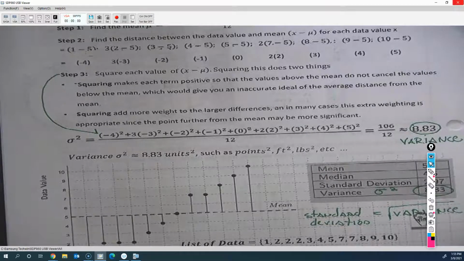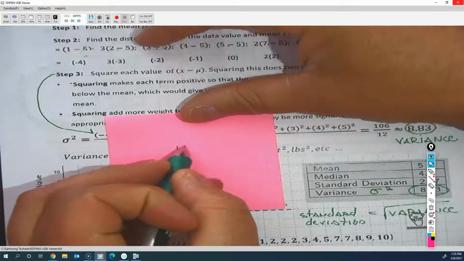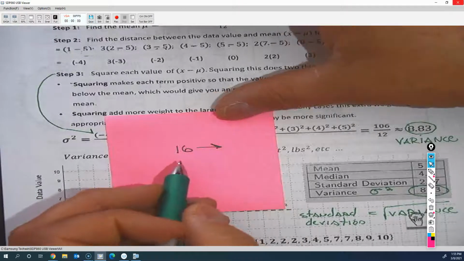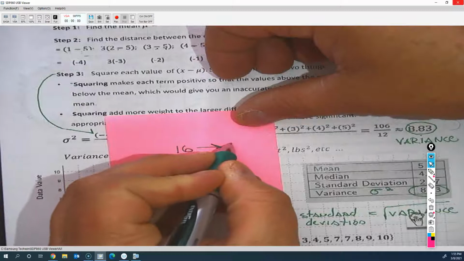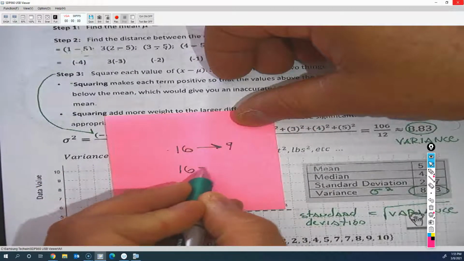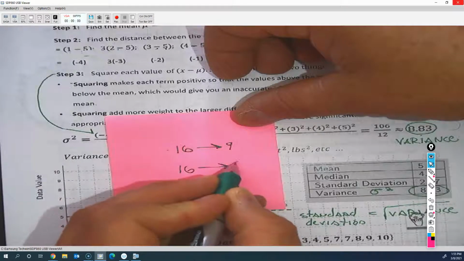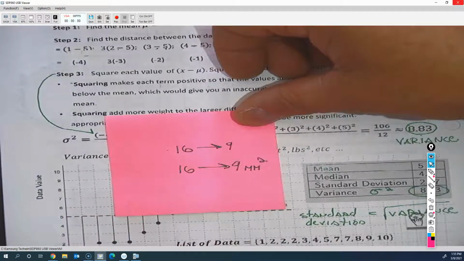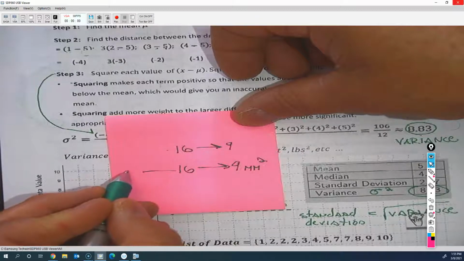And I said the average red M&M count was 16 red M&Ms, and then the variance for the red M&M was like 9. Well, here's the problem. If this was the variance, the label on it is squared M&Ms. Well, a squared M&M doesn't make any sense.